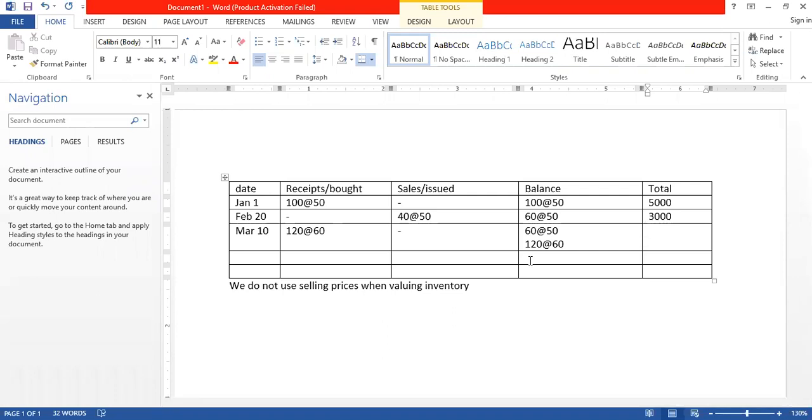So 7,200 plus the 3,000, that of the one of 60 at 50, will give us 10,200. So our total value is 10,500. I hope we all understand. Okay, and then we move on to our next month.